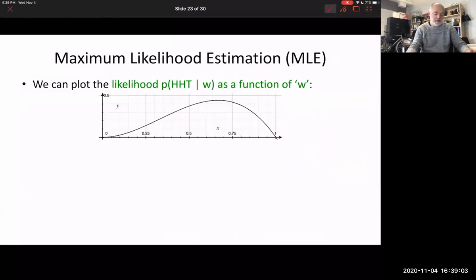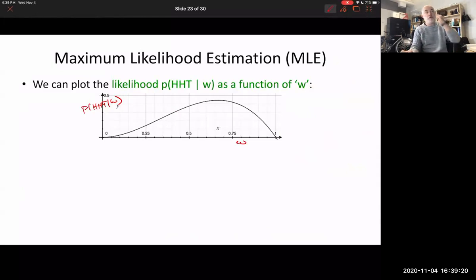Okay. So we can look at this vertical axis here, and this horizontal axis is W. We can plot the total data likelihood function as a function of the parameter, right?